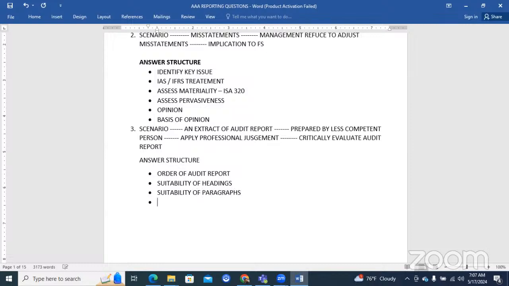paragraphs. There are different types of paragraphs: emphasis of matter paragraph, other matter paragraph, other information. You should check whether all these paragraphs are suitable or not.